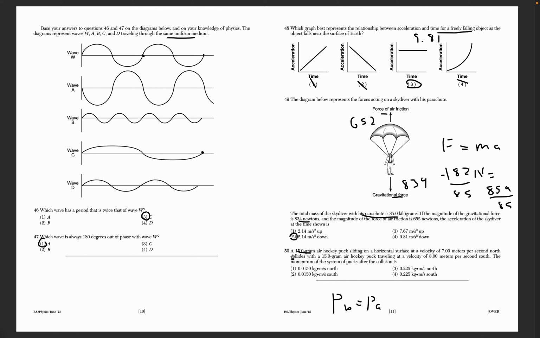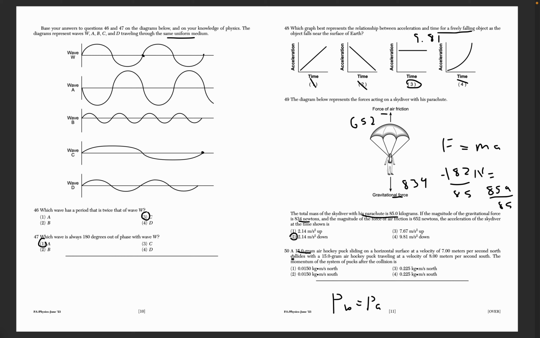So 0.015 kilograms times 7 meters per second plus 0.015 kilograms times negative 8, because it's going south at negative 8 meters per second, and we add those up.